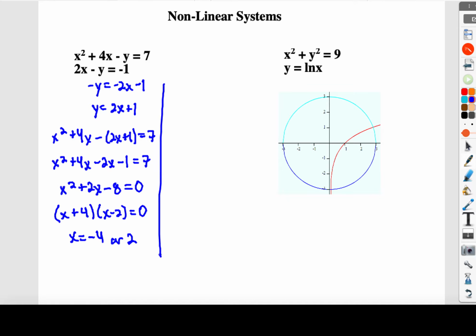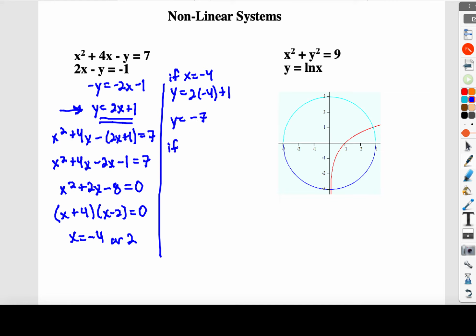Now I'm going to go back to my blue equation right here, that I had found earlier for what y was equal to. And let's go ahead and plug our numbers in. If x equals negative 4, then y equals 2 times negative 4 plus 1, or basically y equals negative 7.